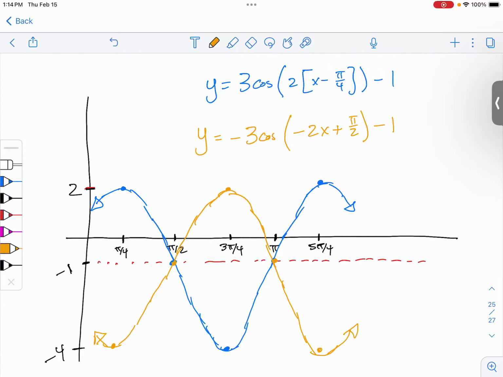And once we have it flipped, then we have what we were actually looking for, which is the finished graph. All right, beautiful.